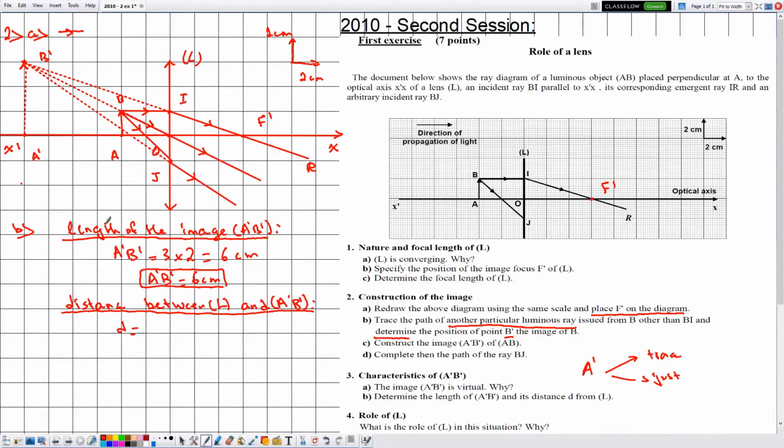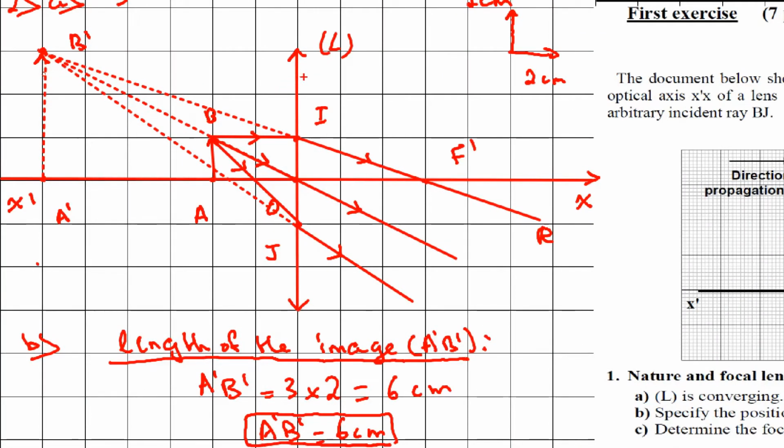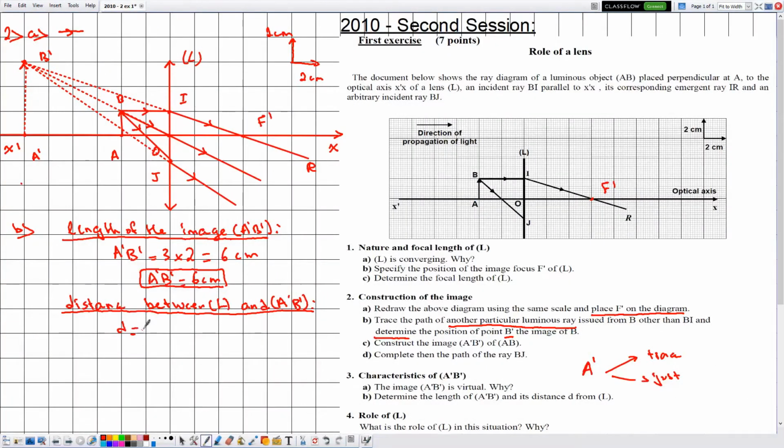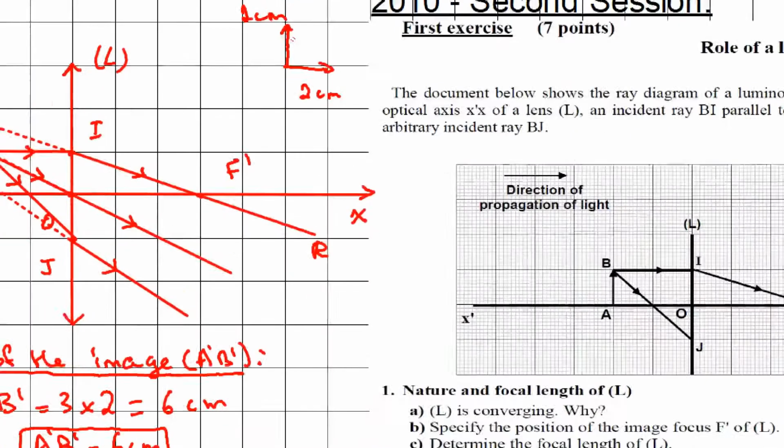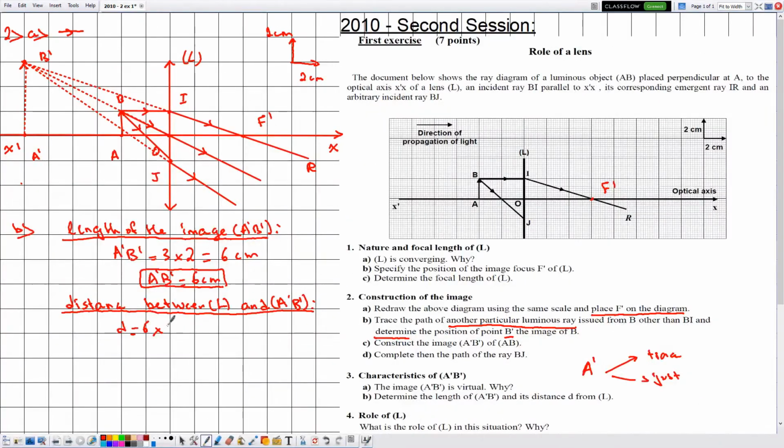This distance is denoted by D. So this is the lens, this is the image. This distance consists of 1, 2, 3, 4, 5, 6 divisions. And we multiply by the scale along which we have counted the number of divisions, which is the scale along the x-axis. This will give us 12. Since the scale is in centimeters, then the value of D will be in centimeters. So D is equal to 12 centimeters.